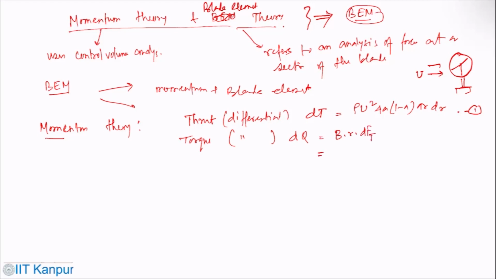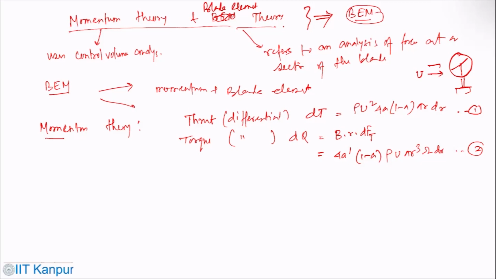So here you have B a prime (1 minus a) rho U pi r cube omega dr. So from this momentum theory, one gets two equations, equations 1 and 2, that define the thrust and the torque at annular sections.